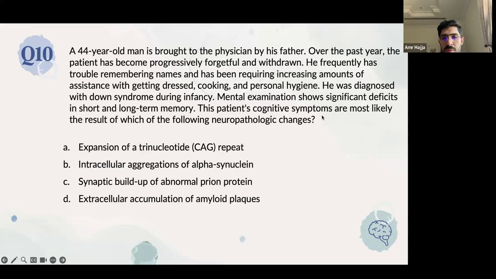MashaAllah, Sania, you mastered pathology. Yes, exactly. The answer is D. So the answer is extracellular accumulation of amyloid plaques, and both questions are about Alzheimer's disease.